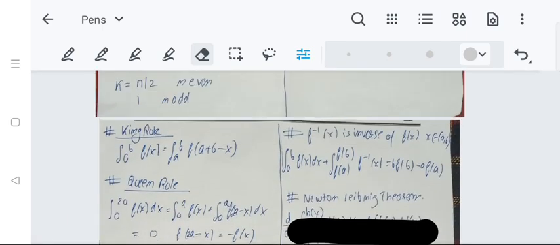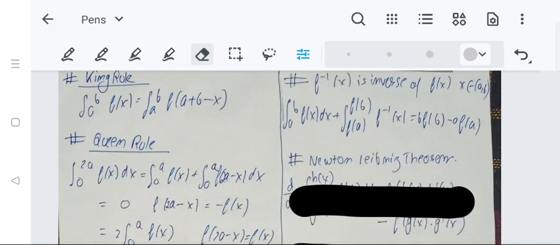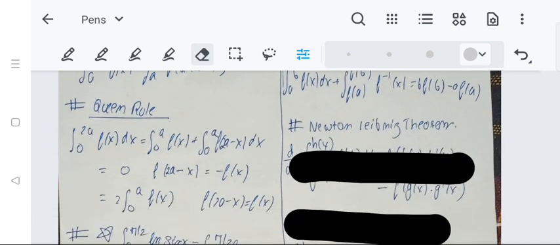This Jack's rule is very much used, this inverse is very much used, and another most important is the Newton-Leibniz theorem.